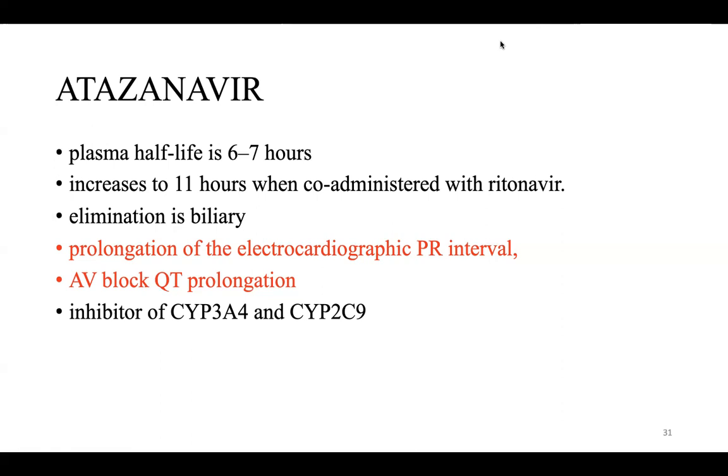QT prolongation is another potential electrocardiographic effect of atazanavir, but is rarely clinically significant. As an inhibitor of cytochrome 3A4 and cytochrome P2C9, the potential for drug-drug interaction with atazanavir is great.